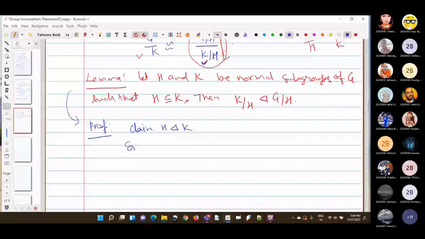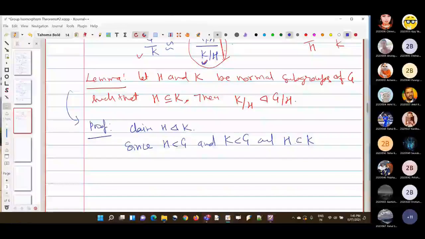Since H is a subgroup of G and K is also a subgroup of G, and moreover they are normal, and one more thing is given, H is a subset of K, therefore this implies that H is going to be a subgroup of K.